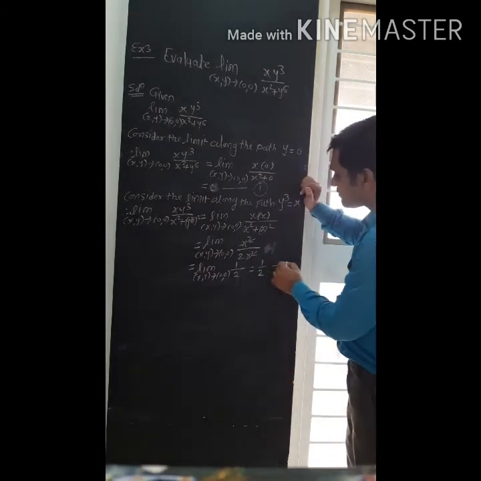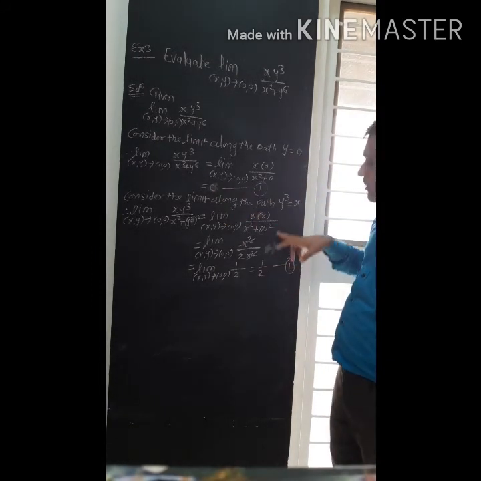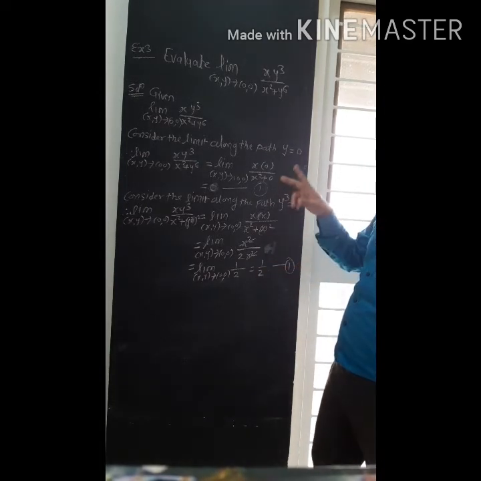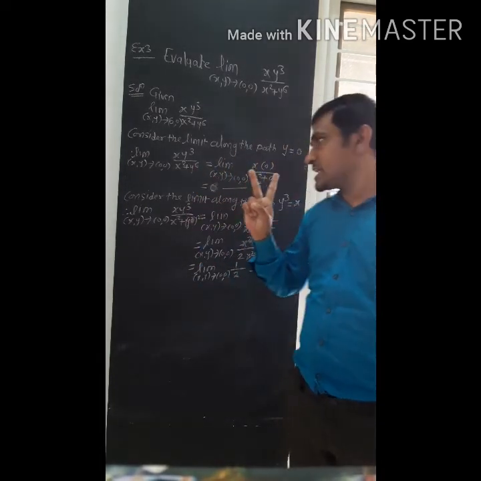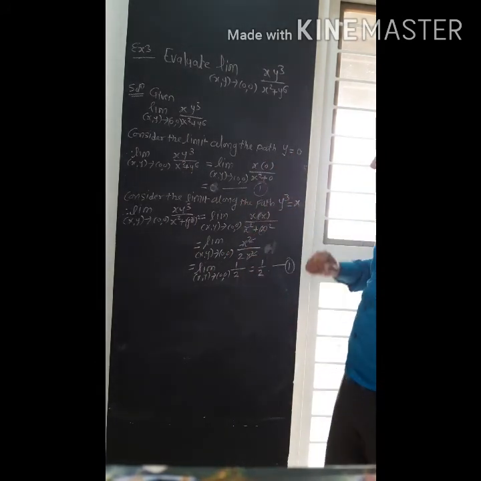So along the path y is equal to 0, we get the limit as 0, and along the path y cube is equal to x, we get the limit as 1/2. So for two different paths we get two different limits. So the limit of the given function does not exist.